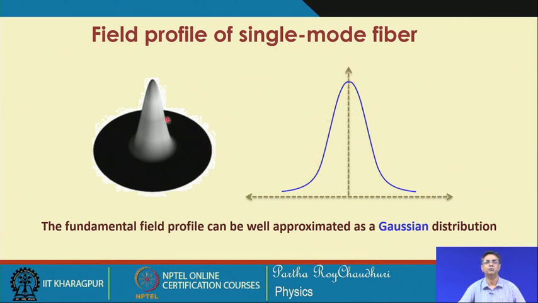It has a number of advantages. Instead of describing the field distribution with two functions, that is J L and K L, in combination with the matching conditions for a given propagation constant beta, you can represent the fundamental mode by one simple Gaussian function, r square by w square. This w square defines the spot size, that is, the intensity will fall to 1 upon e times the maximum intensity.